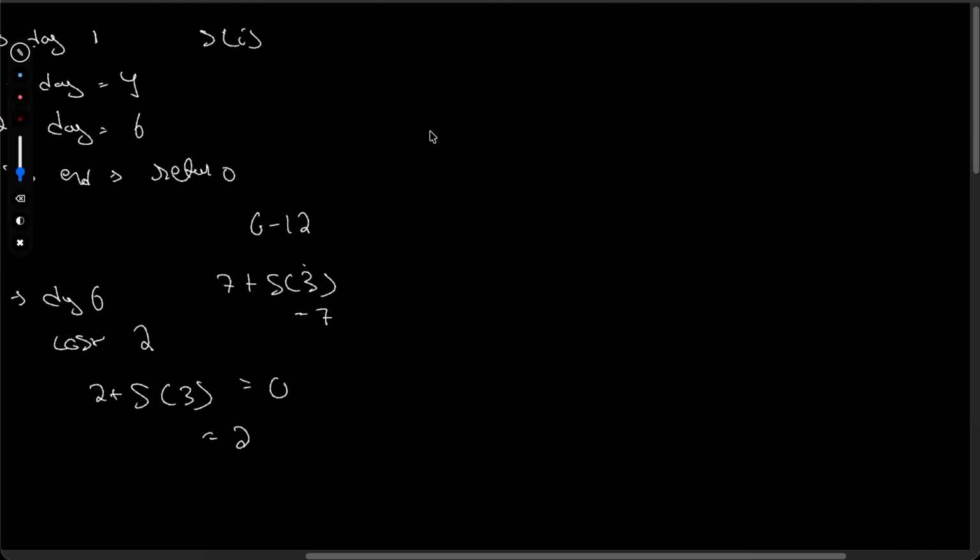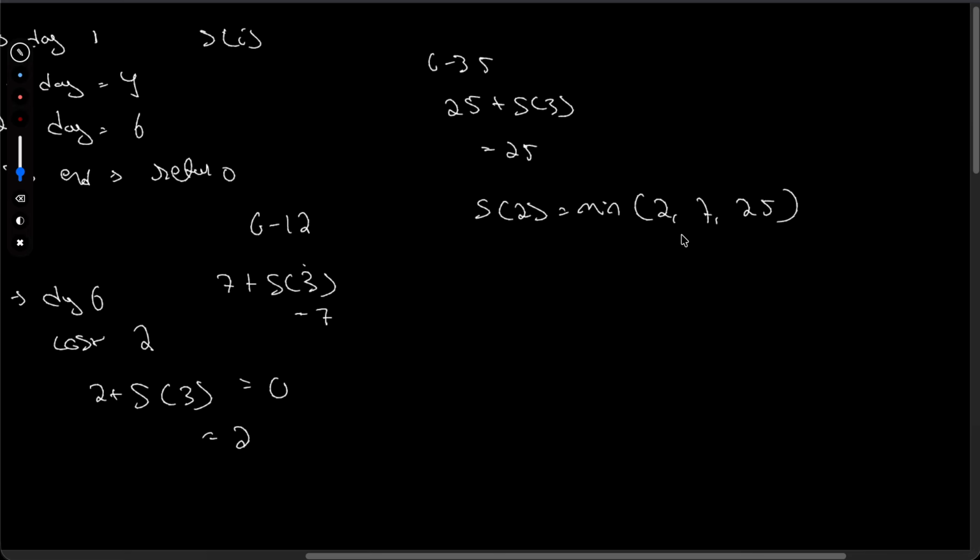Option 3, at day 6 the 30-day pass covers 6 to 35, no days left, so 25 plus solve of 3 is 25. So solve of 2 is the minimum of 2, 7, 25, so the answer is 2. Okay, we go back to day 4.